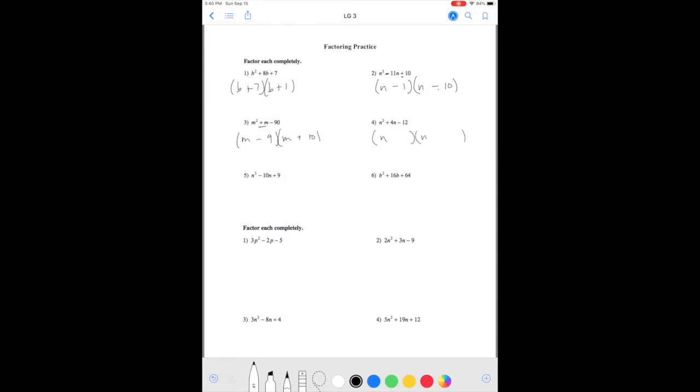n and n, and we have a 2 and a 6, because that gets me the 12. And if I put plus and minus, that gets me the positive 4. And 9 and 1 and minus. Again, a minus and a minus is that positive.